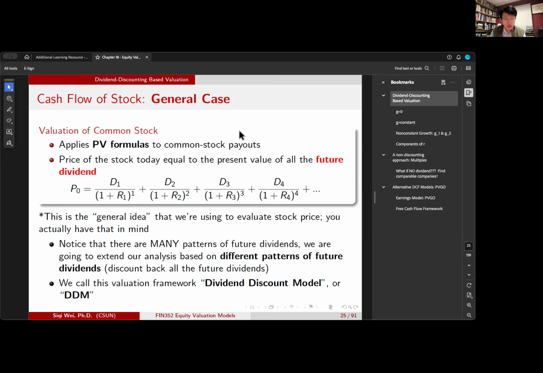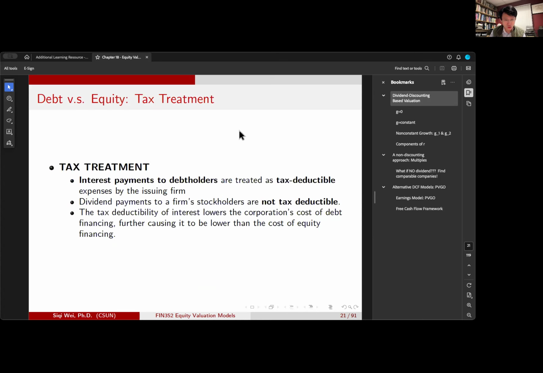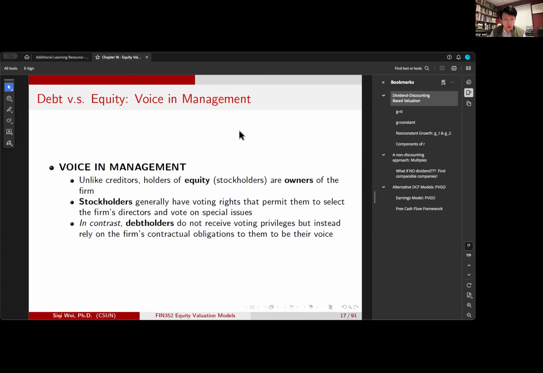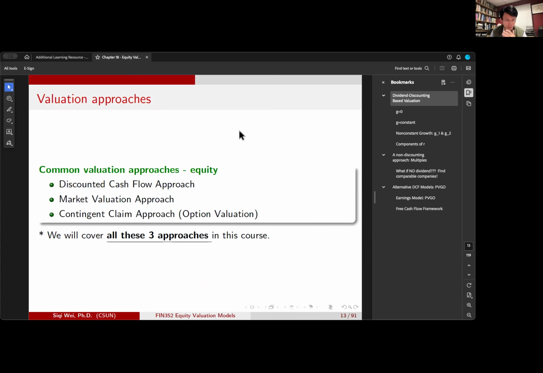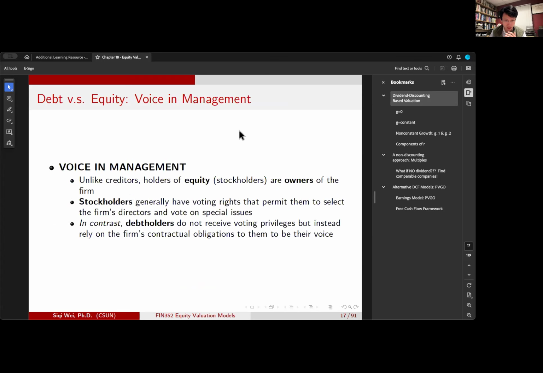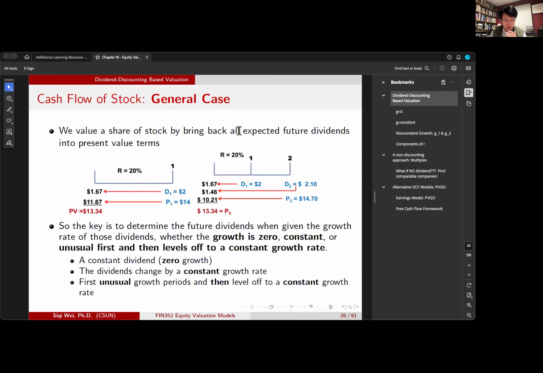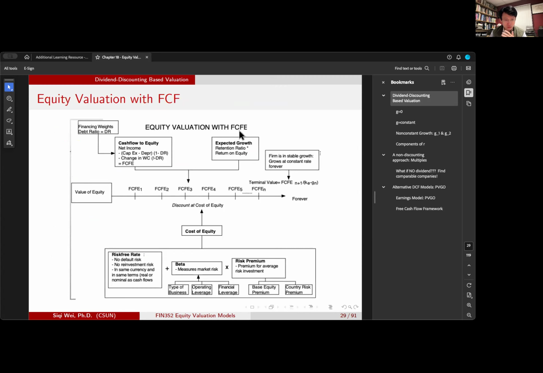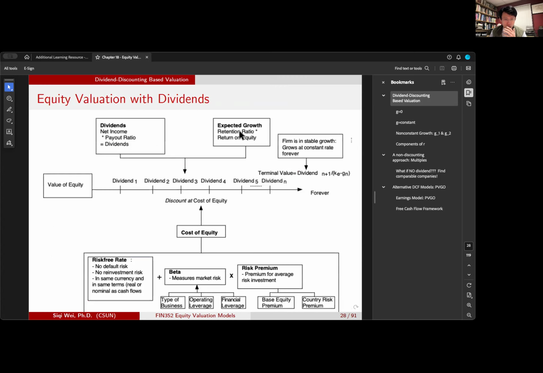I think last time I shared with you a graph which I really like, and that is this framework. The value of the equity is the value of a series of future expected dividend payouts.